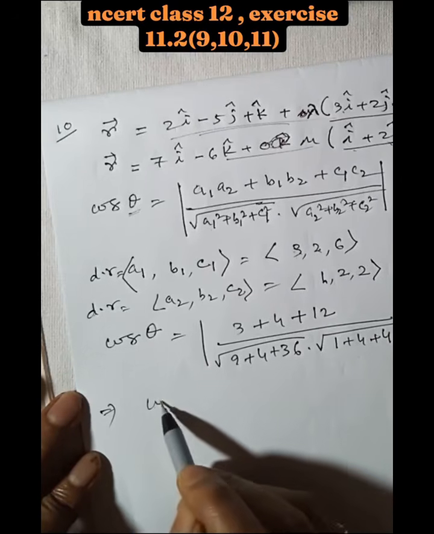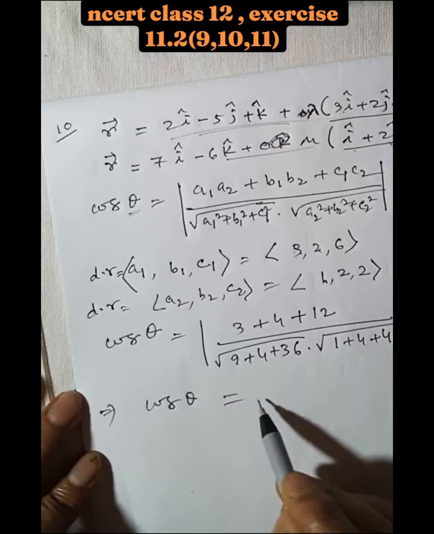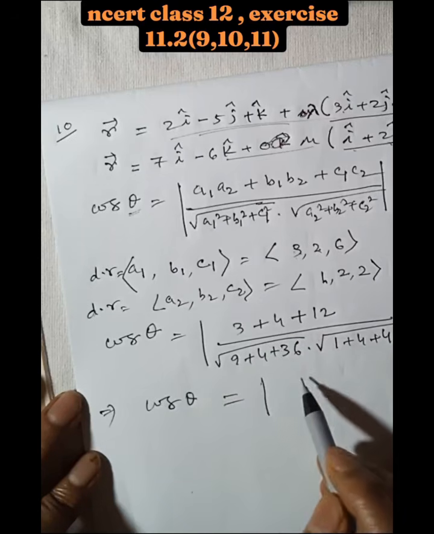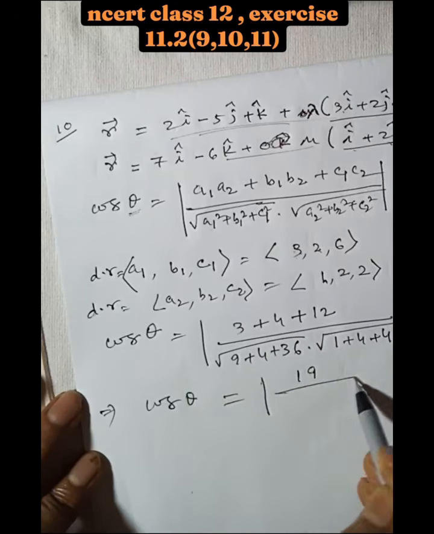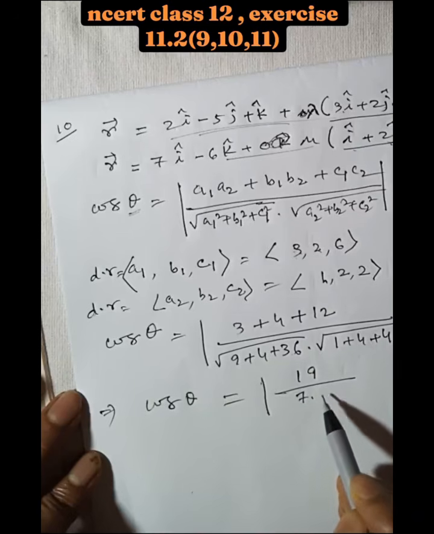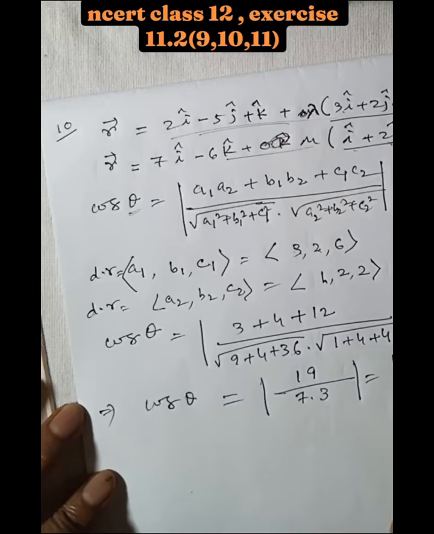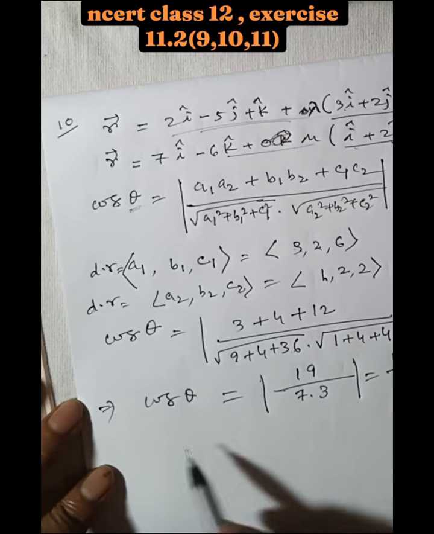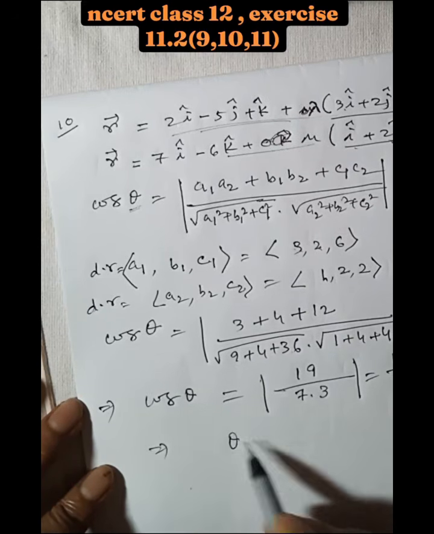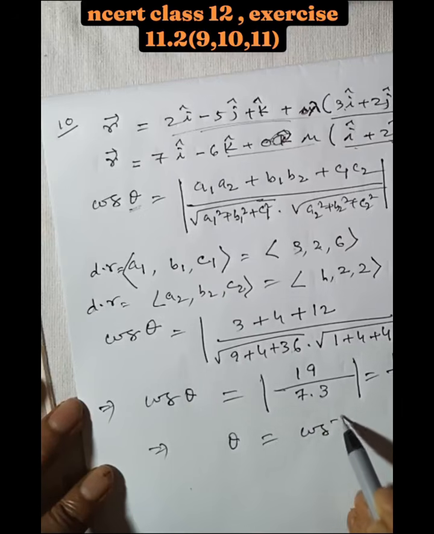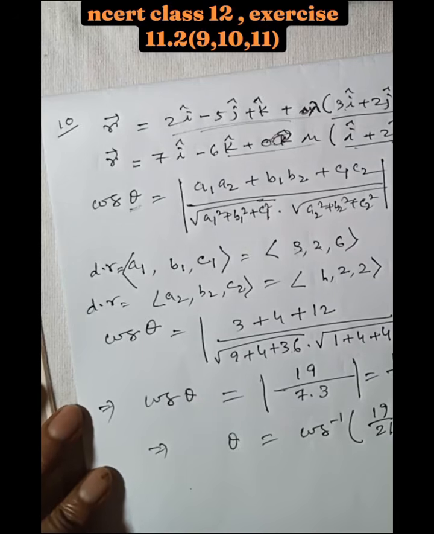Now cos theta equals modulus 19 by 7 multiplied by 3, that is 19 by 21. Therefore theta equals cos inverse 19 by 21. This is the angle between the two lines.